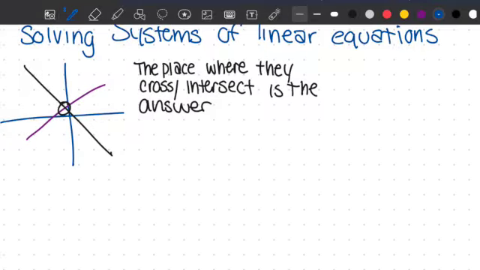So my word problem that I'm going to go over with us is: there are twice as many girls in the class as boys.